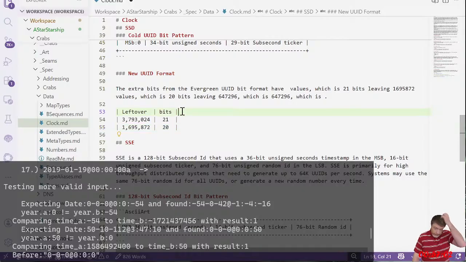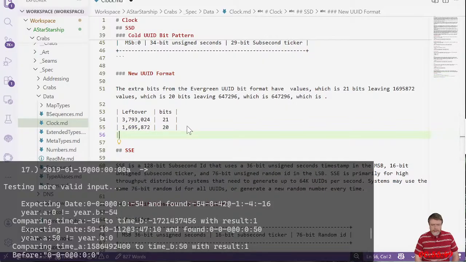Wait, and then what is it? The spread is what, 2 to the 21? Do I really need it? I don't need to write the spread. It's in the bits. That's a trivial calculation.